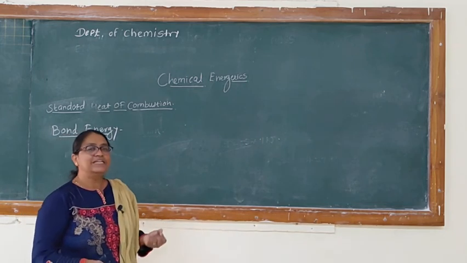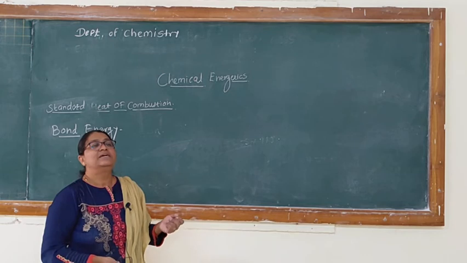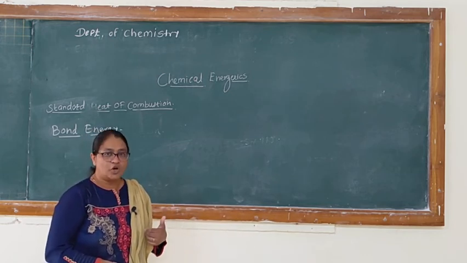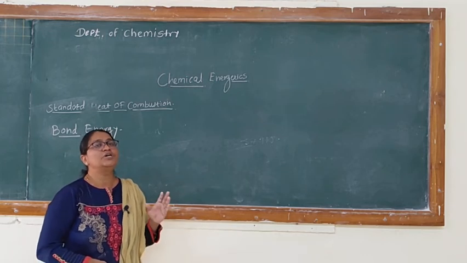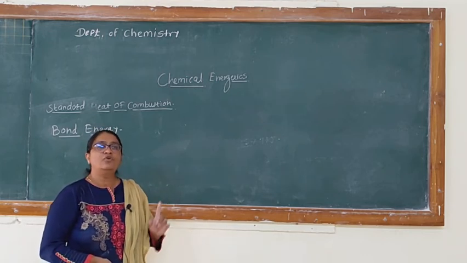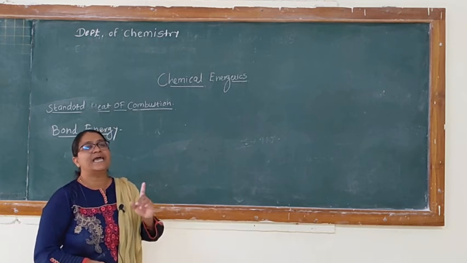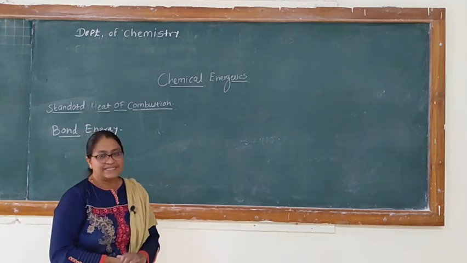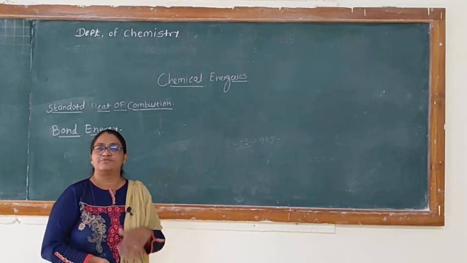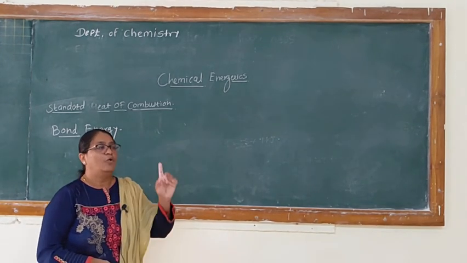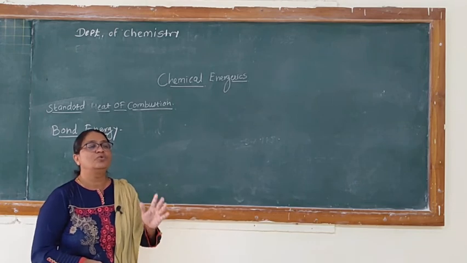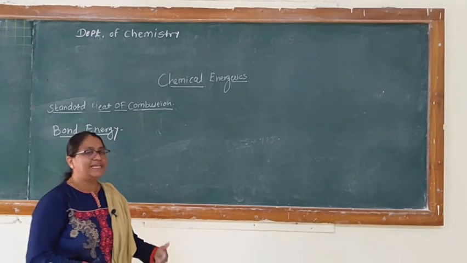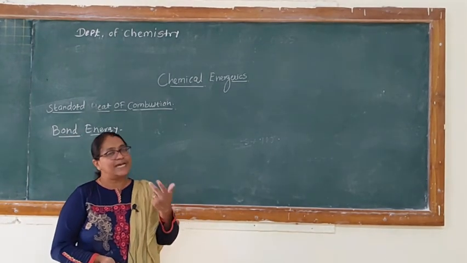Therefore, the bond energy is defined as the amount of energy which is either evolved or absorbed during the formation of 1 mole of bond from the gaseous atoms, or it may also be defined as the amount of energy released or absorbed to break 1 mole of bond into their gaseous atoms. That is called the bond energy. So I tell you the definition in both ways again.